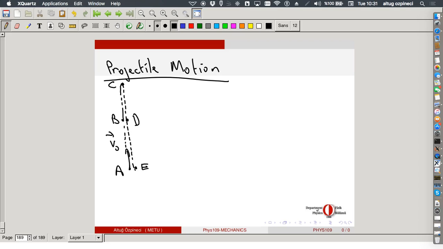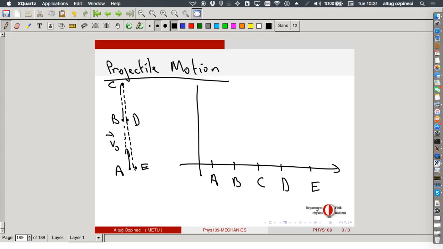And let's see how various kinds of energy change. So what is the initial kinetic energy at the point A? Well, it has some speed V0.